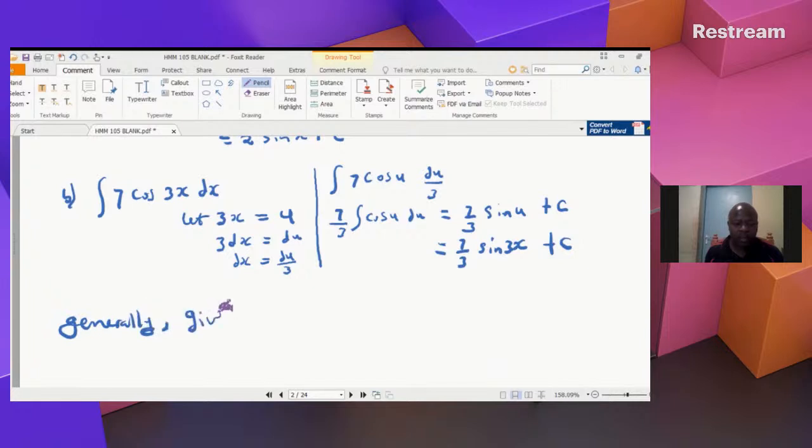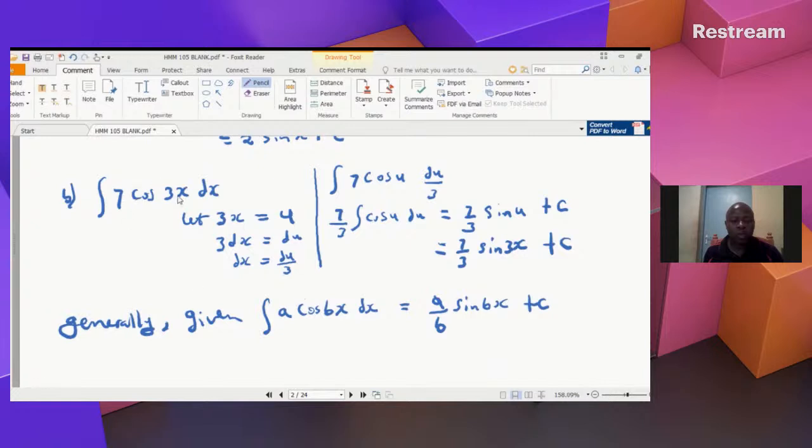Suppose we are given the integral of a cos bx dx, we can write the answer straight away as a over b, and then integrate cos to get sine bx, and then add constant of integration.